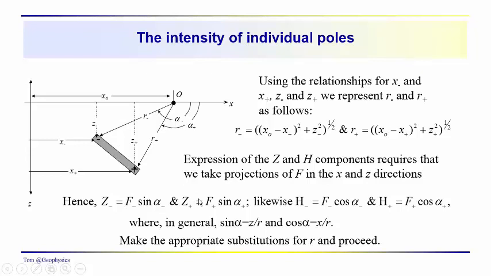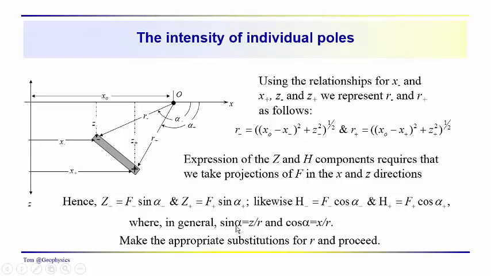We have to do the same, take the projection, to get the magnetic field intensity associated with the positive pole. So we have f plus times the sine of alpha plus. And the same for the horizontal components, except we're looking at the cosine terms. And we have the magnetic field intensities for the positive and negative poles times the cosine of alpha minus and cosine of alpha plus.